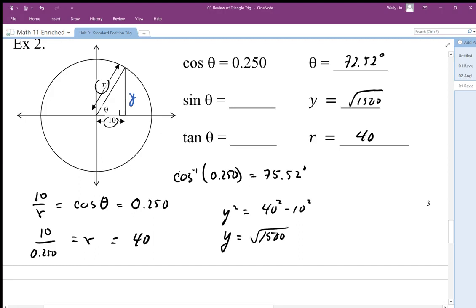Then I can work out my sine ratio by plugging in the square root of 1500 over the radius, which was 40. And the tan ratio is going to be the y value, the square root of 1500, over the x value, which is 10. We can simplify that ratio if you want, or you can just leave it that way.